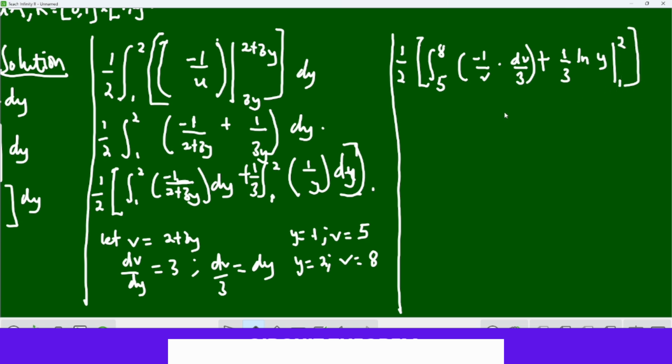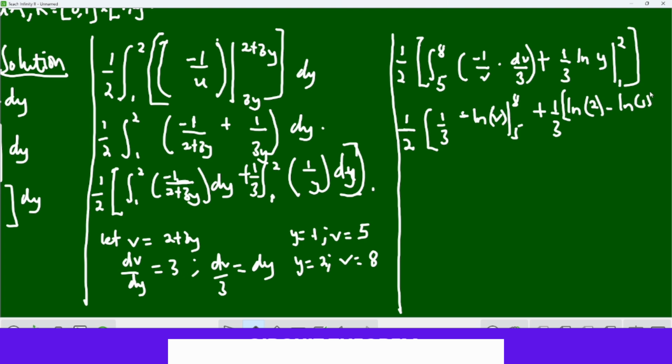Now this 1 over 3 can also come out. So I get 1 over 2 multiplying 1 over 3, negative, the negative is very important, negative of ln v, but this ln v has 8 and 5 as upper and lower limits respectively, plus 1 over 3 times ln 2 minus ln 1.